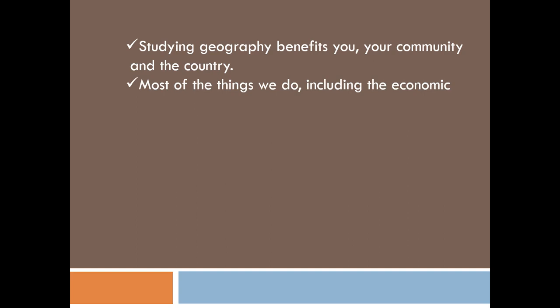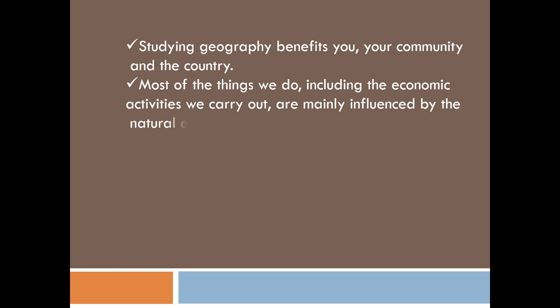Then we've also learned that most of the things we do, including the economic activities we carry out, are mainly influenced by the natural environment. Where you have farmers or crop cultivators, those are normally areas which receive heavy rainfall and have fertile soils.